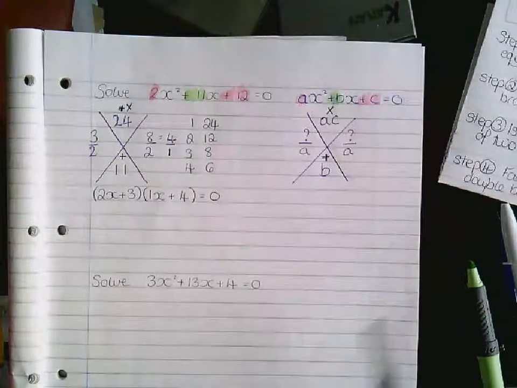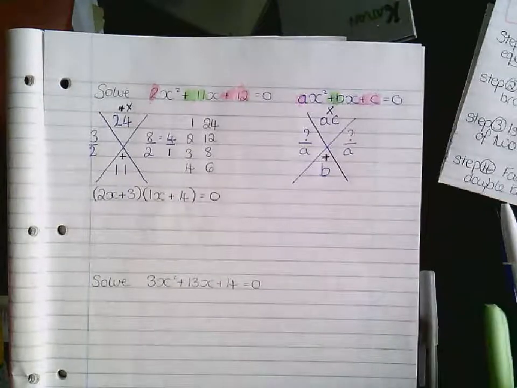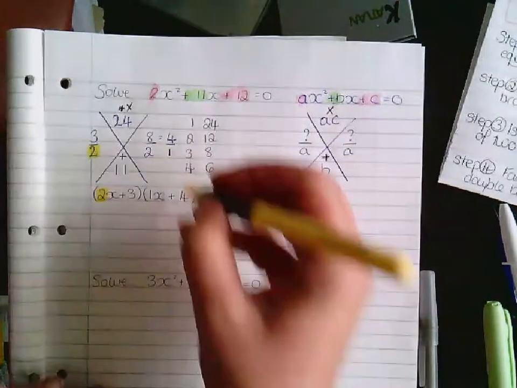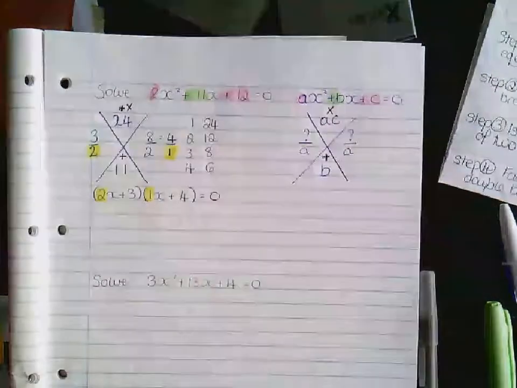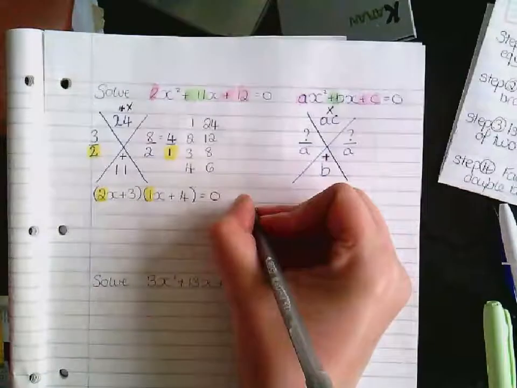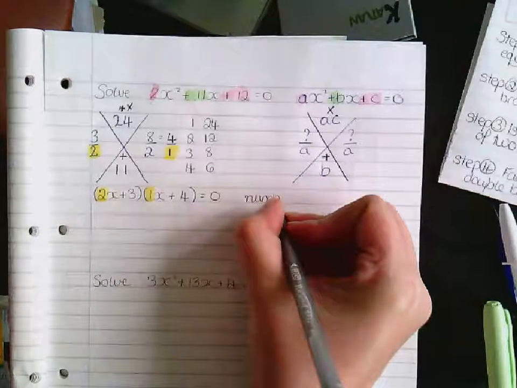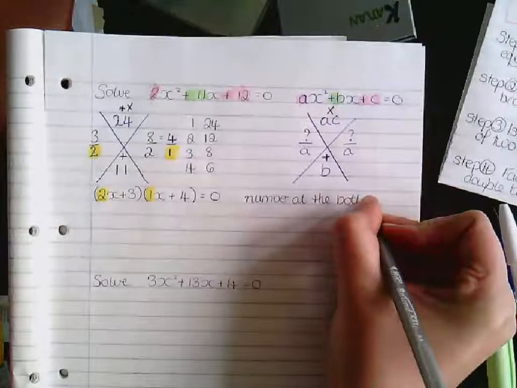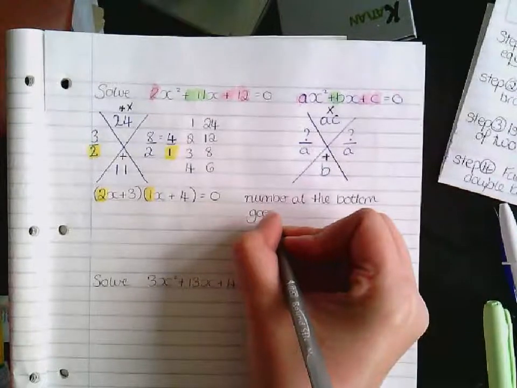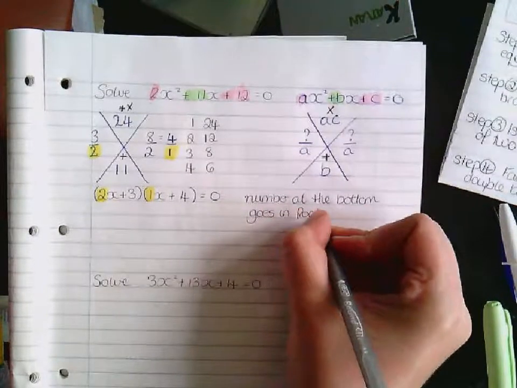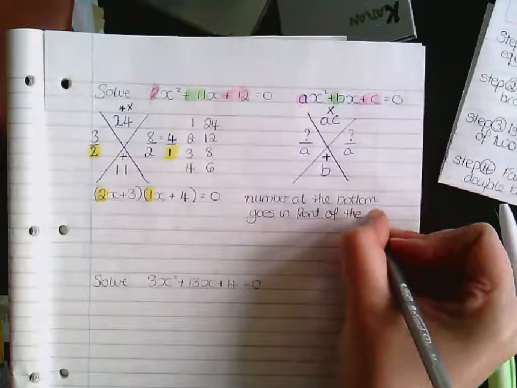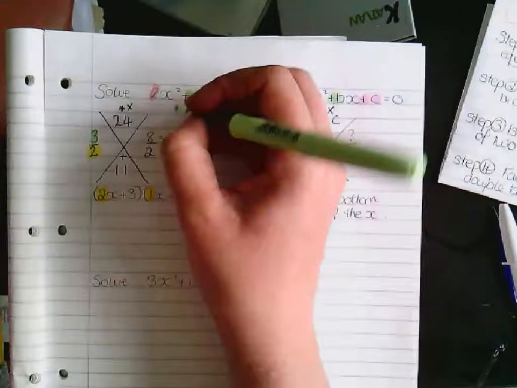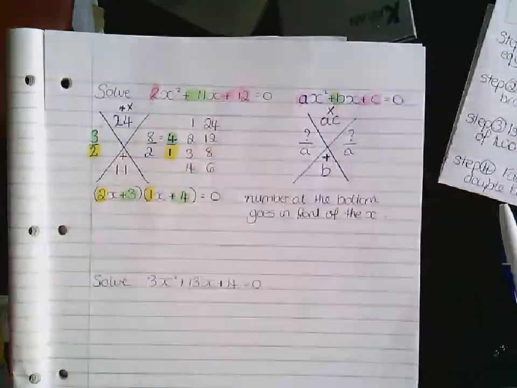Okay, so making sure you know where everything came from, the number at the bottom in front of the x, and the number at the top of each of these sides went second.